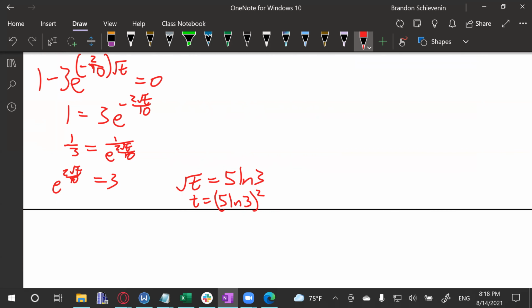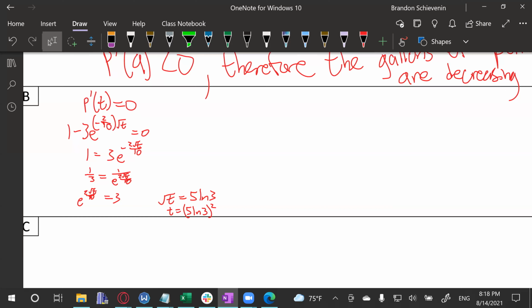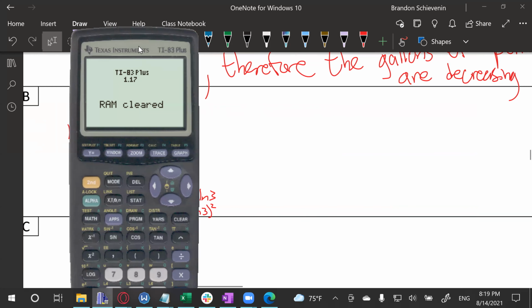We are with a calculator for this, but I could test points that are before and after this to see what's happening to our slope. So I'm going to go ahead and plug in 5 ln 3 squared into our calculator. There we go.